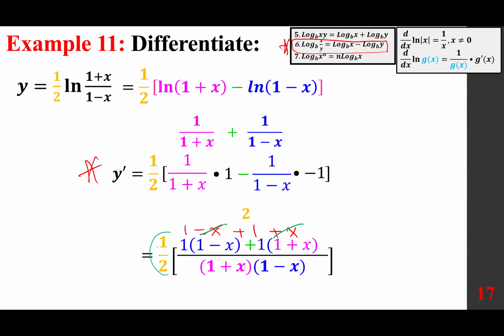The product of 1 half and 2, they cancel each other, they give us 1. So we have a fraction. The numerator is only 1. The denominator is the product of 1 plus x and 1 minus x, which makes it 1 minus x squared. So the final answer, y prime, is 1 over 1 minus x squared. Bear in mind, there was only one step of calculus.